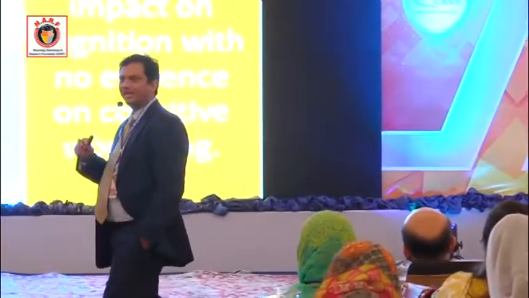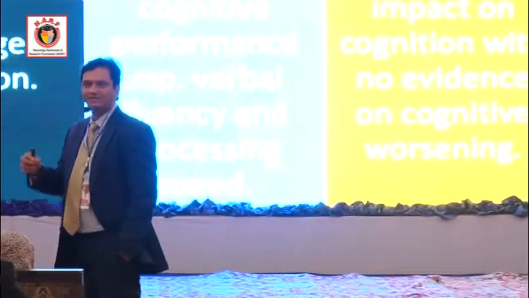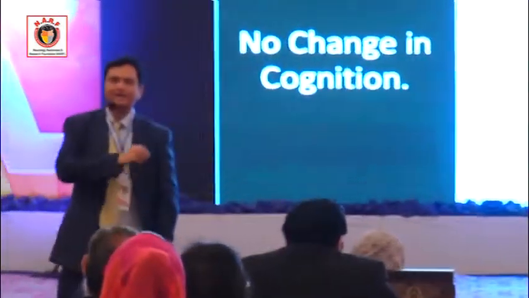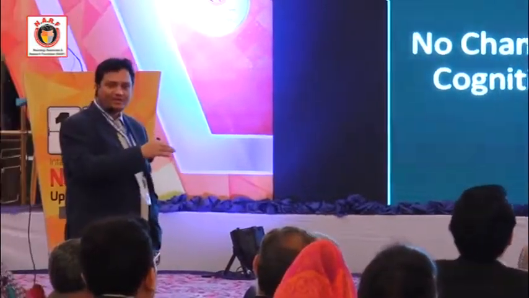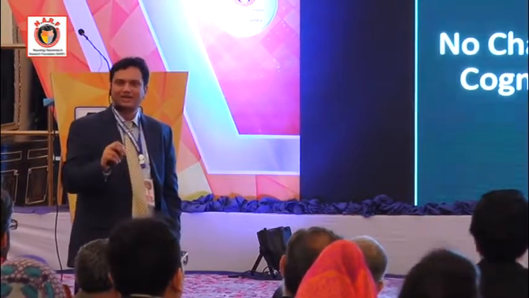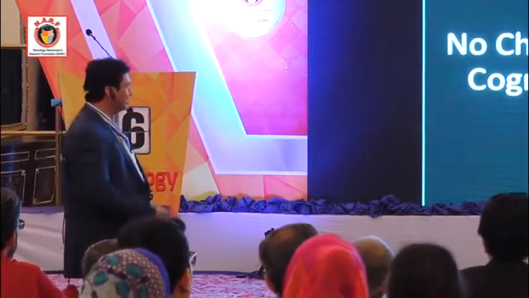Both of these things are not well tested on MMSE and MoCA. That's why you need a dementia rating scale. So somebody who already has a problem with verbal fluency or processing speed will get worse with STN. GPI so far seems to be a little better. So if you're having this mild MCI patient and you want to do a surgery on him, then you may be better off doing a GPI than STN for cognition purposes.